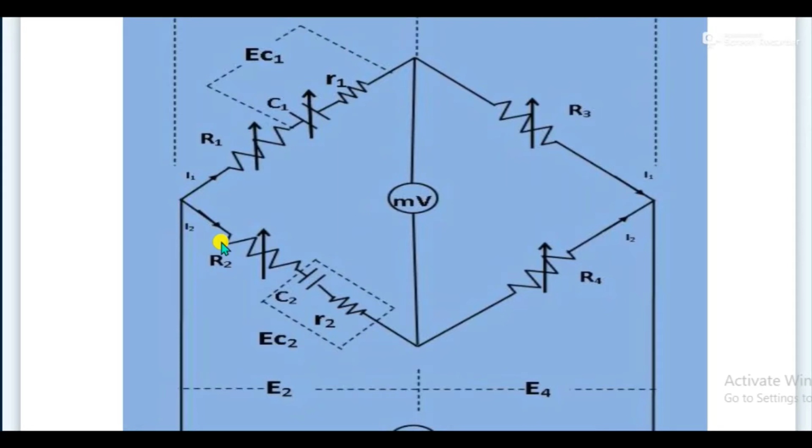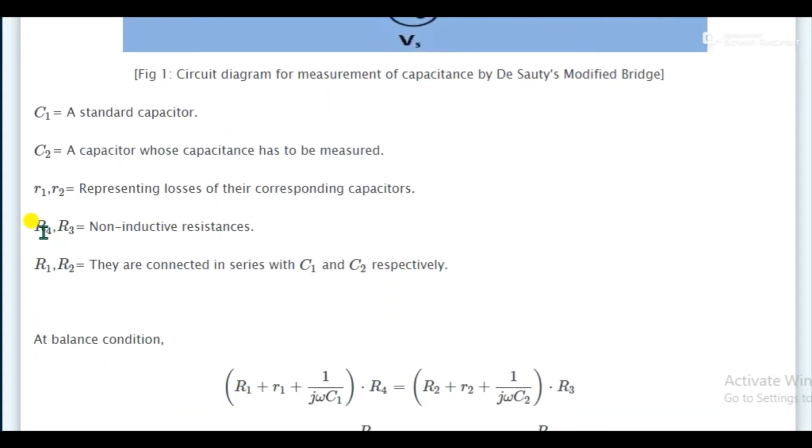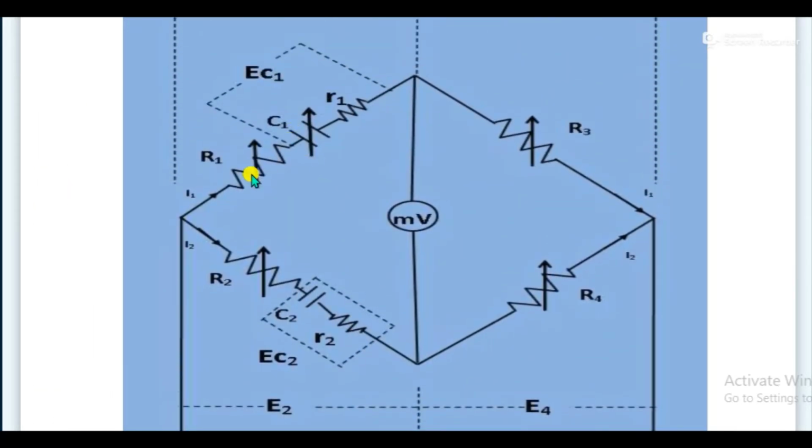They are shown by capital R1 and R2. So this is the difference. R4 and R3 are known inductive resistances, and R1 and R2 are connected in series with C1 and C2. So R1 is in series with C1 and R2 is in series with C2.